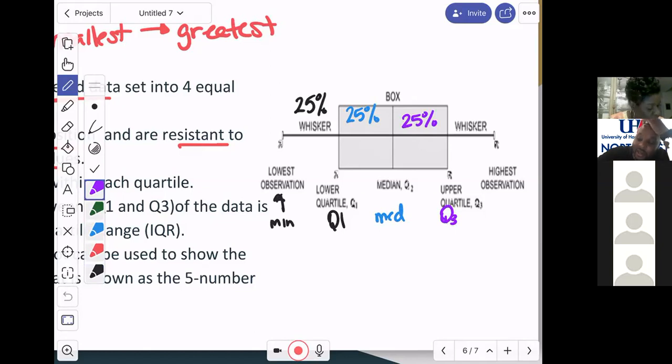And from Q3 to the highest observation, called the max, is also 25% of the data. Hence why it's called quartiles.